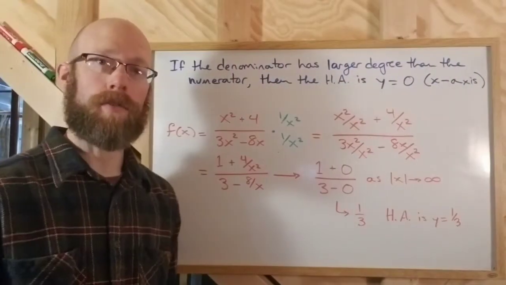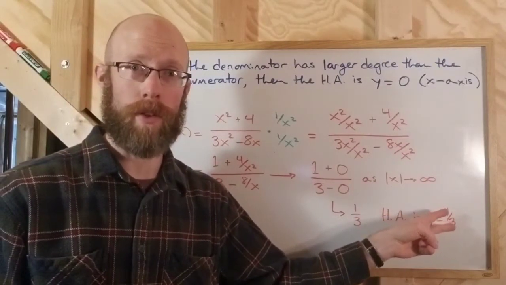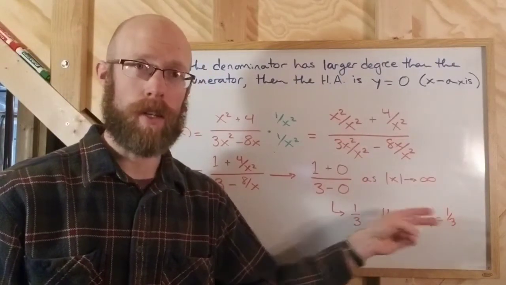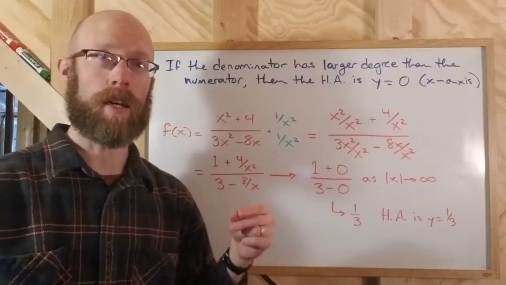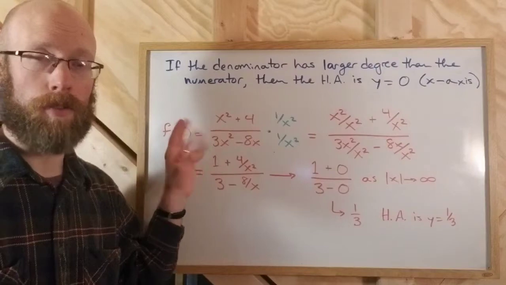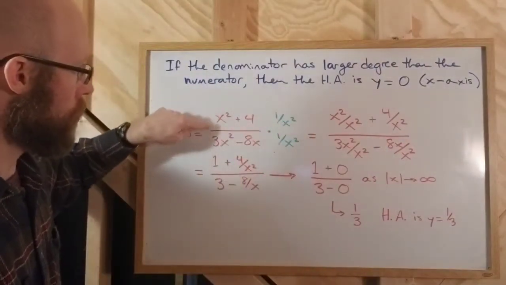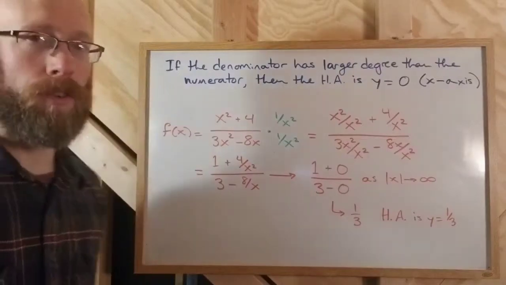If you look at the 1/3, that fraction is made up of the leading coefficients from the original rational function. So the 1/3, those are your leading coefficients.